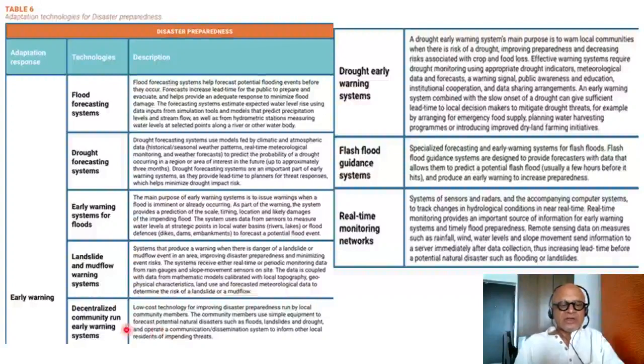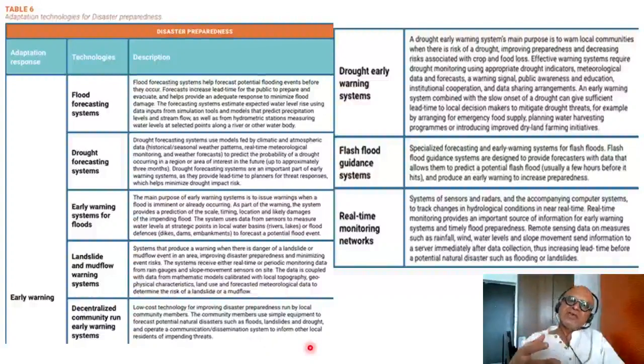Decentralized community-run early warning systems: low-cost technology for improving disaster preparedness, run by local community members. The community members use simple equipment to forecast potential natural disasters such as floods, landslides, and drought, and operate a communication dissemination system to inform other local residents of impending threats.